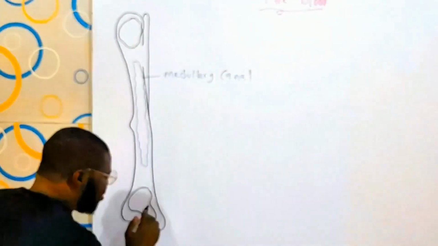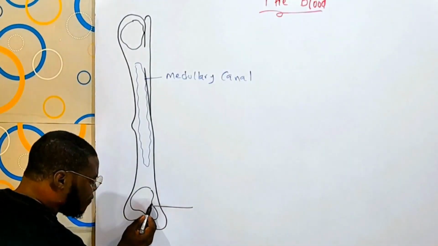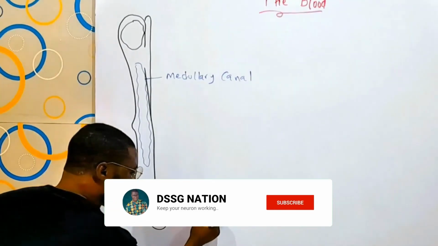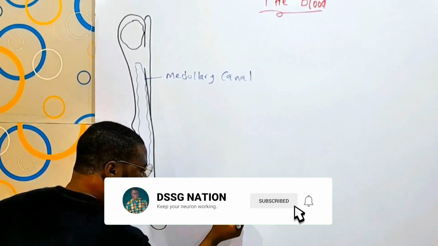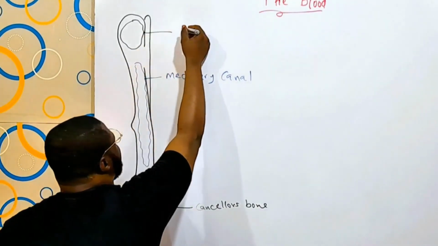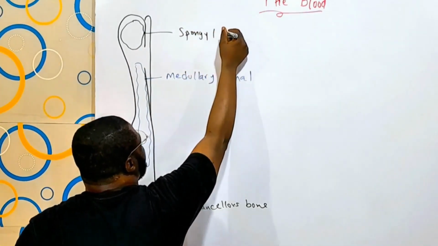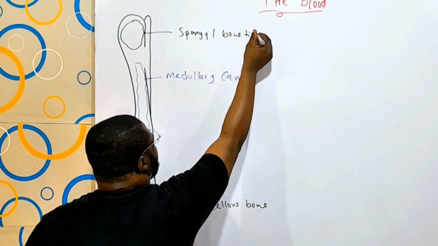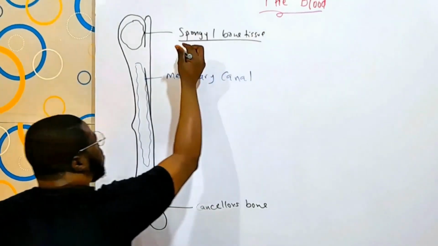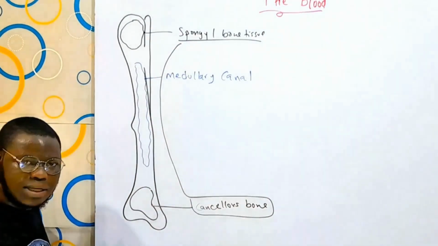You can refer to this part as the cancellous part of the bone. We also call it the spongy bone, so spongy bone tissue and cancellous bone tissue mean exactly the same thing.